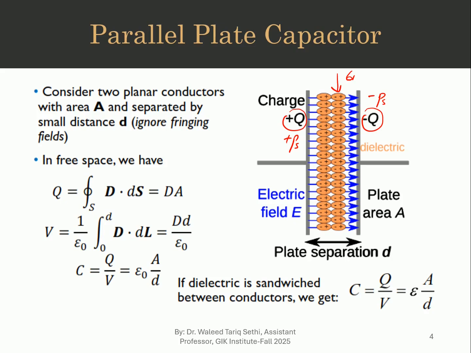So again, the electric field will flow from the positive charge towards the negative charge, and the potential difference can exist. We can represent again the value of the charge as per Gauss's law to be the value of electric flux density times the area A, and the potential is basically the electric flux density times the separation d per unit of the material's permittivity.